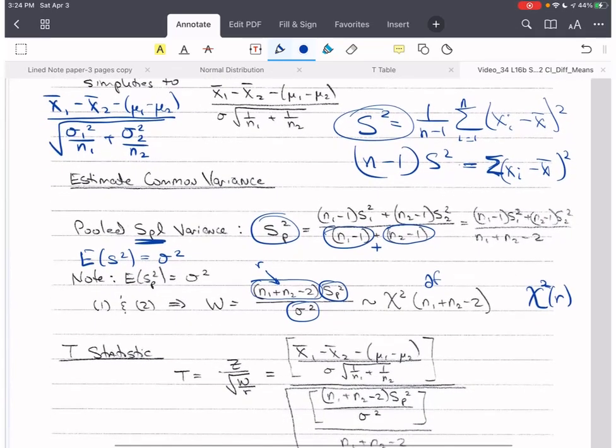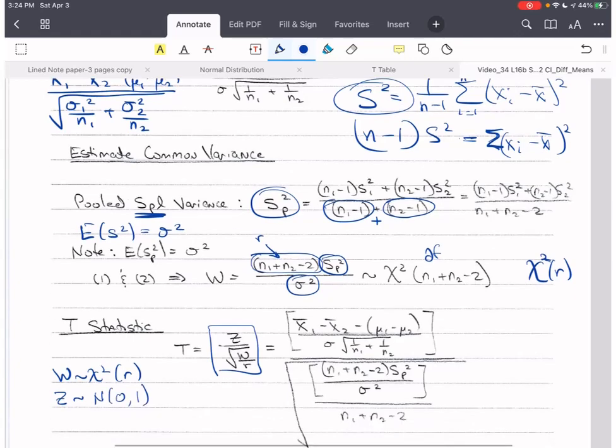So the t-statistic. Remember that the t-statistic is Z divided by the square root of W divided by its degrees of freedom. W is a chi-squared random variable with r degrees of freedom. Z is a standard normal distribution. So I can substitute in for Z. Here's my Z that I came up with.